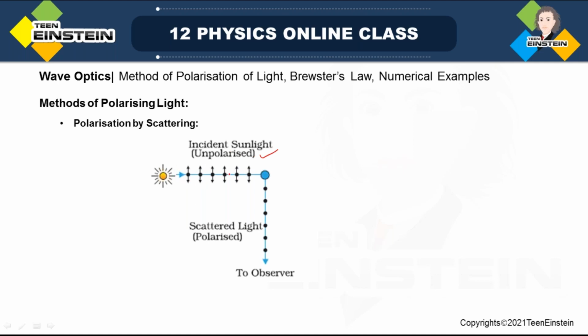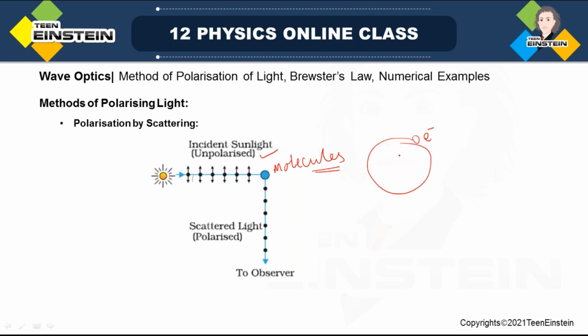But when it enters the Earth environment, we have air molecules, dust particles, etc. So when the sunlight falls on some molecules, what happens? In molecules you have electrons, and electrons are charged particles, right?